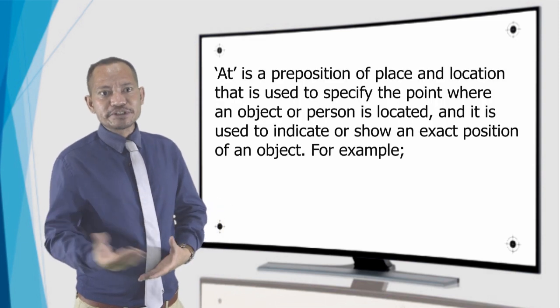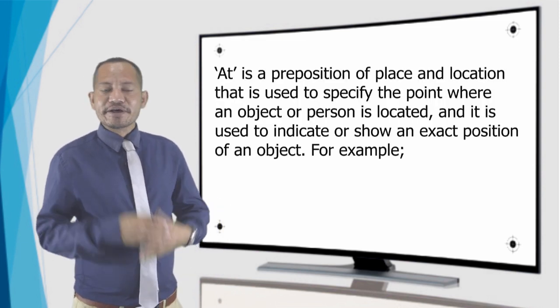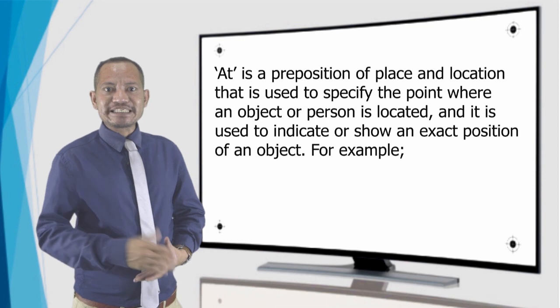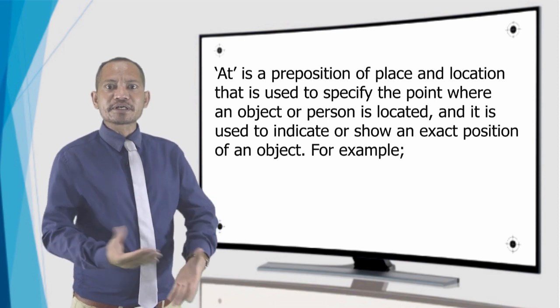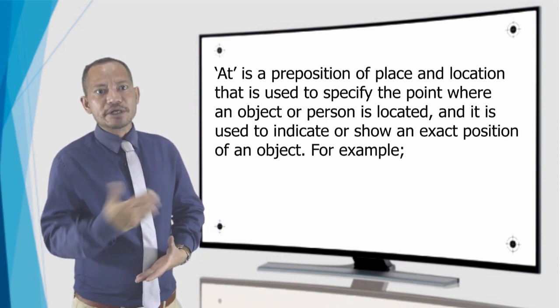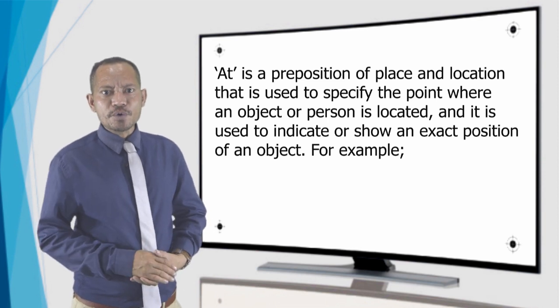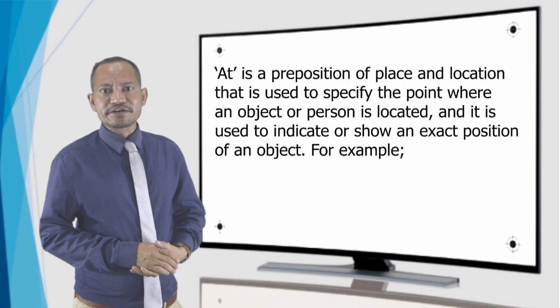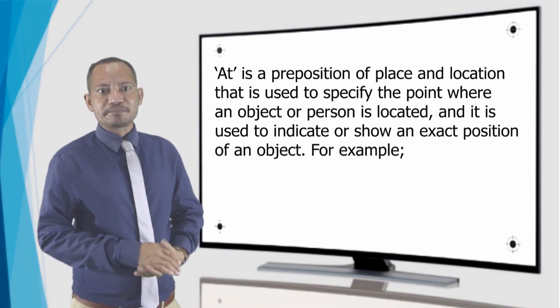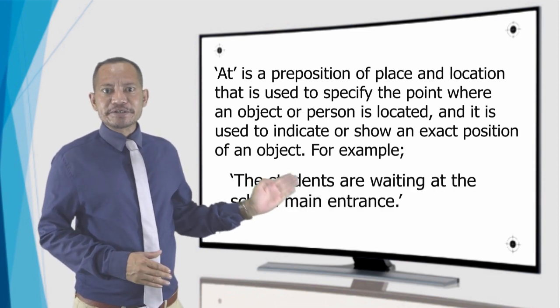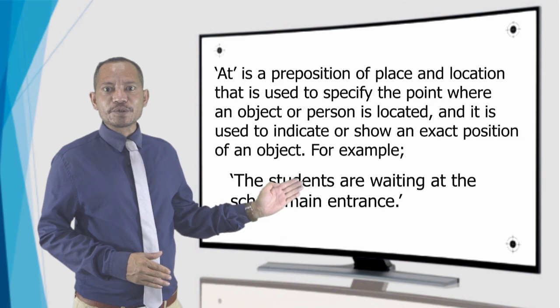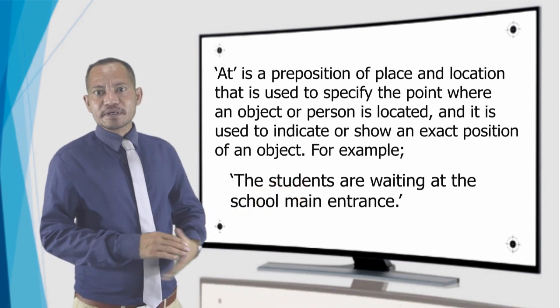At is a preposition of place and location that is used to specify the point where an object or person is located, and it is used to indicate an exact position of an object. For example, I would say, "The students are waiting at the school main entrance."